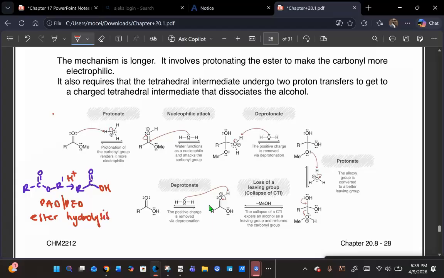I'll quiz you on this shortly. And then this one is getting protonated because the OMe is not a good leaving group, and you're in acidic conditions, unless you're using a very strong nucleophile. This H3O plus is really H2O. So H2O is a weak nucleophile, OMe is a weak leaving group. That's why we add acid to give us H3O plus.